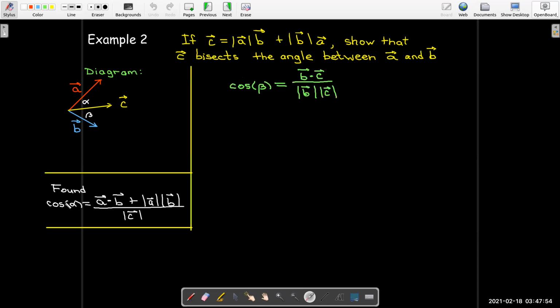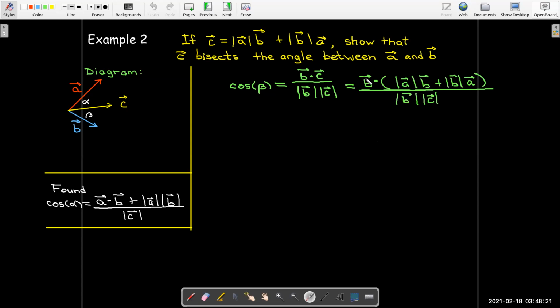So I wrote over here that we found that the cosine of alpha is A dot B plus the length of A times the length of B all over the length of C. Let's do the calculation for the cosine of beta. So I use our formula. And again, my first step is going to be in the numerator, I'll replace C with its definition.